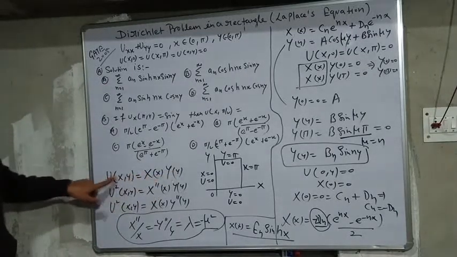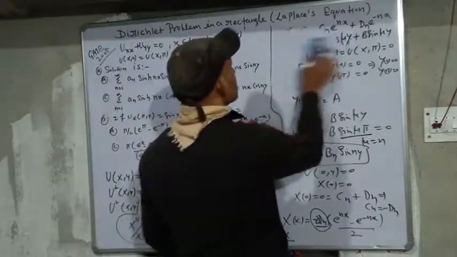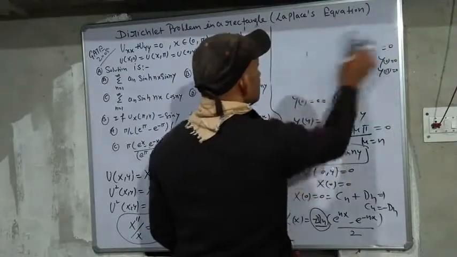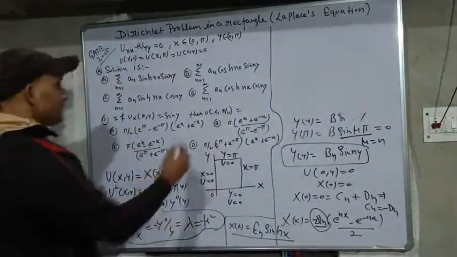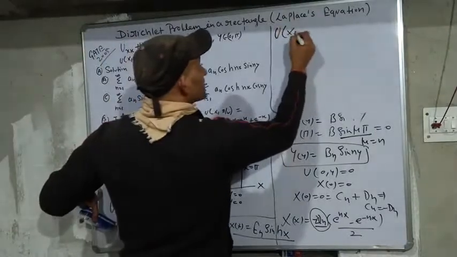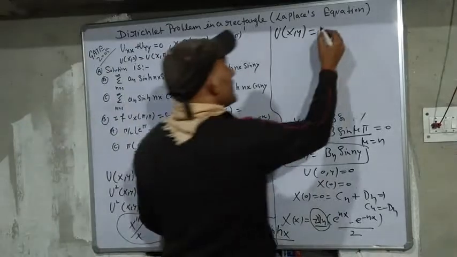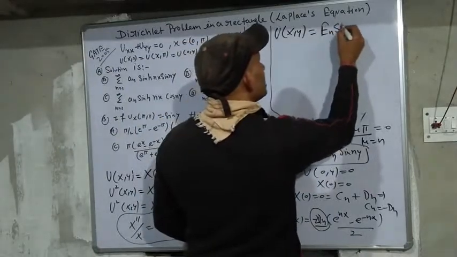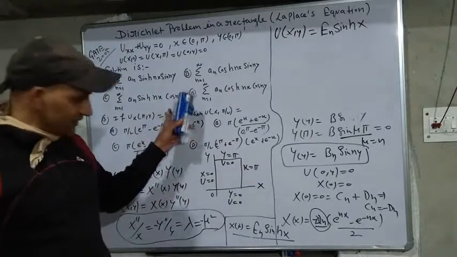Okay, so I will erase it. Your solution in this condition will be uxy is equal to xx, which is en sine hyperbolic x. Same question they have repeated, you can see.